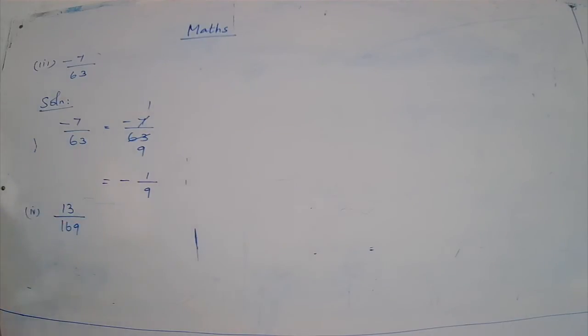Here the numerator is positive and the denominator is also positive. That is very easy. Only you find it in its lowest terms.